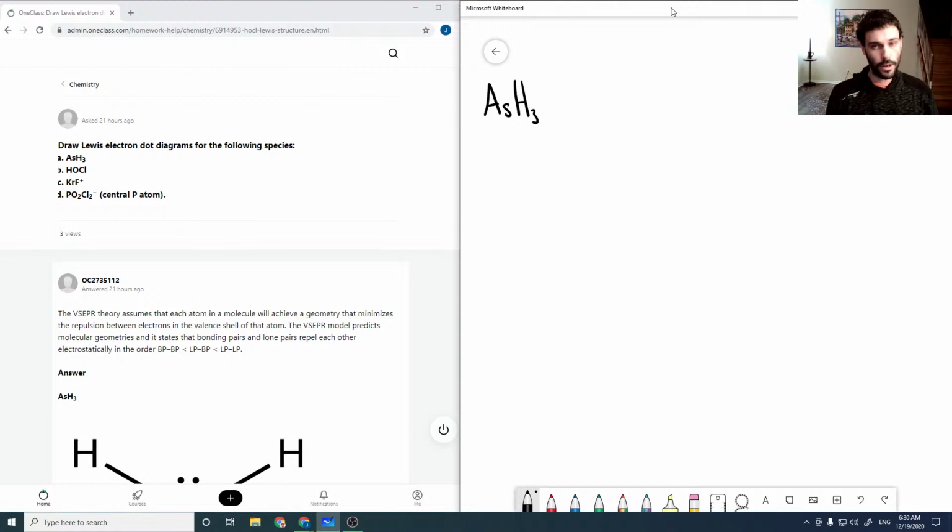So if we check in the periodic table, arsenic is underneath nitrogen. So this guy has 5 valence. And this guy always has 1 valence. So times 3 is equal to 3 total.